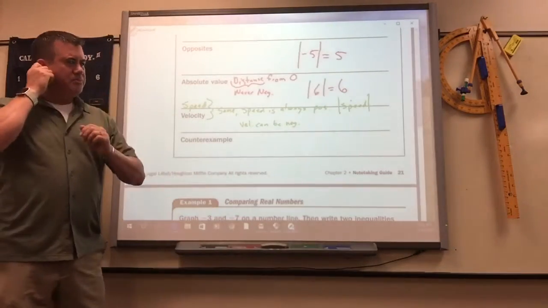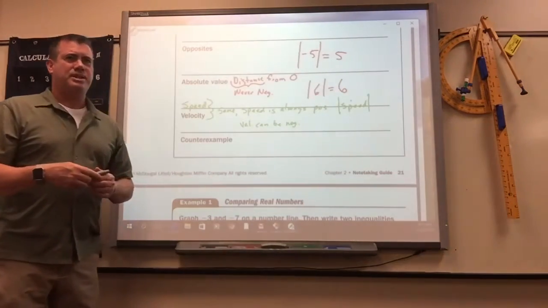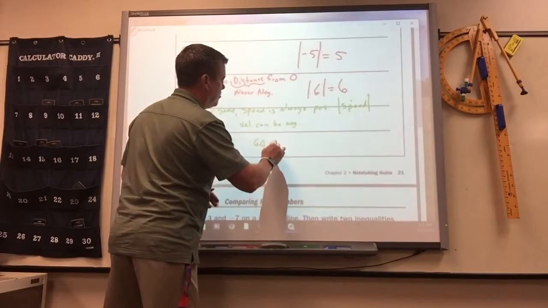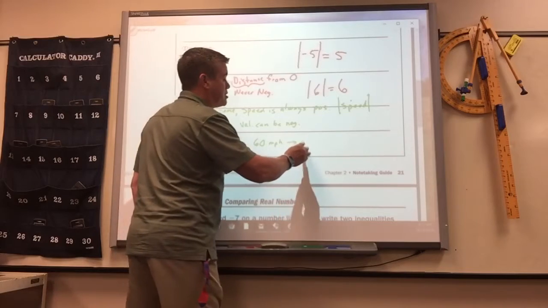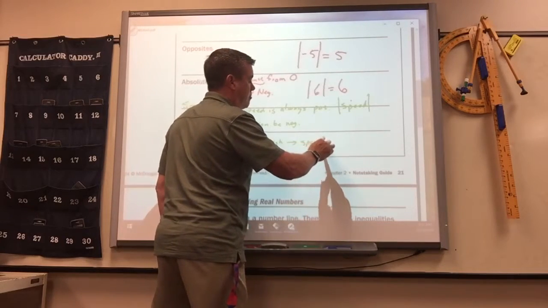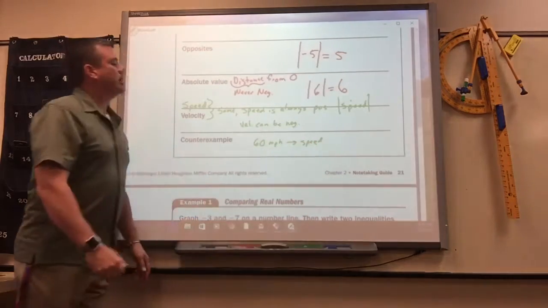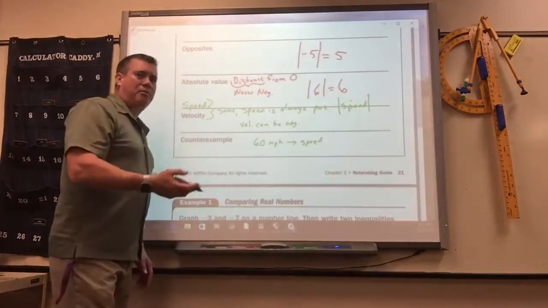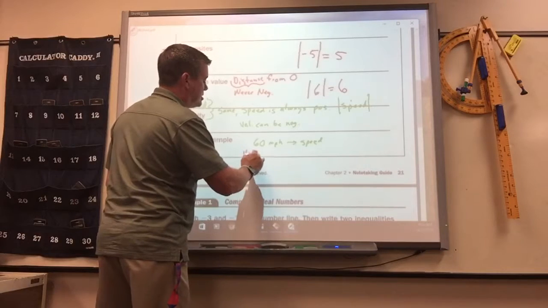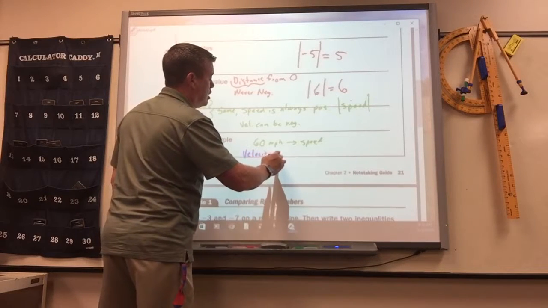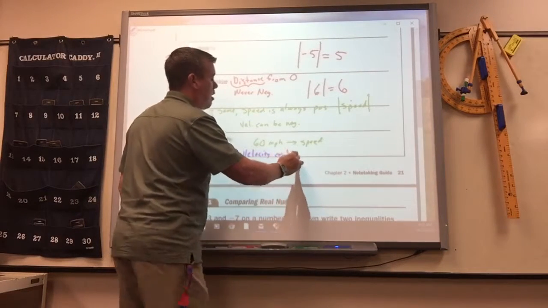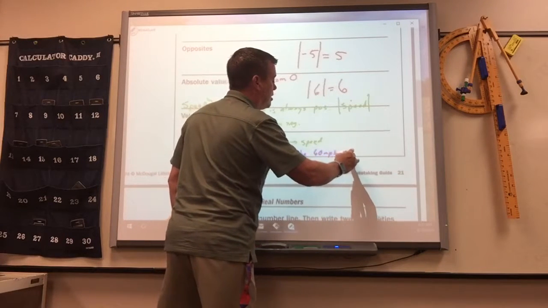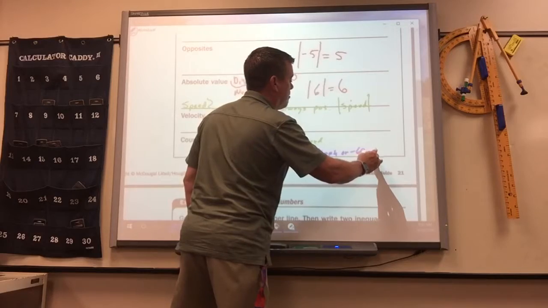So if something's going 60 miles per hour, that's their speed, like in a car. The velocity, depending on the problem, could be 60 miles per hour or negative 60 miles per hour.